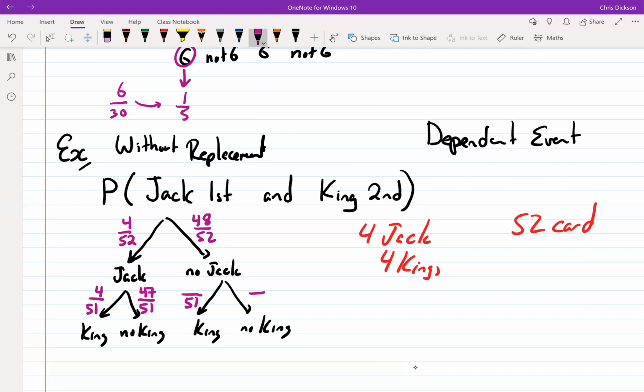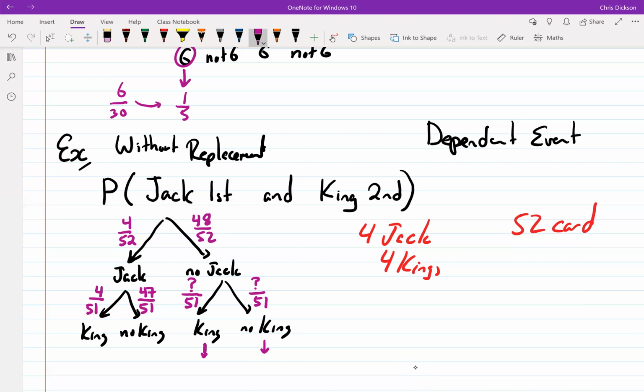But I think the problem is you wouldn't know what that number is yet. Because if it had been a king, then there'd only be 3 kings left, so 3 out of 51. But let's say it wasn't a king, well then there'd be 4. So if you were trying to find out this branch, or maybe this branch, you would actually have to know a bit more here.